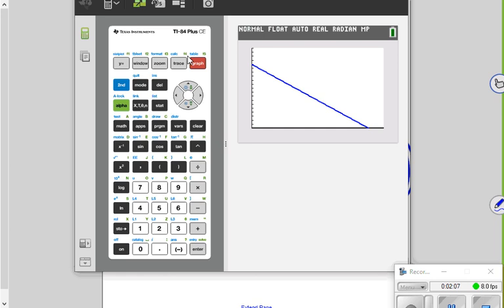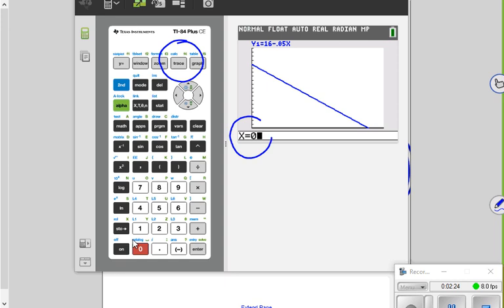So we're going to explore and find the y-intercept and the x-intercept. For that, I'm going to hit trace. For the y-intercept, after pressing the trace button, just enter the number 0, and that'll plug in 0 for x. Hit enter, and it'll give you the y-intercept, 16.